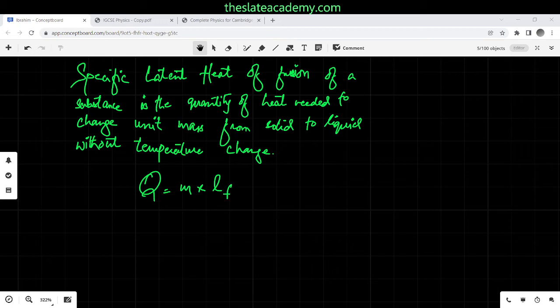The same way we have got latent heat of fusion, we have got another thing which we call specific latent heat of vaporization.